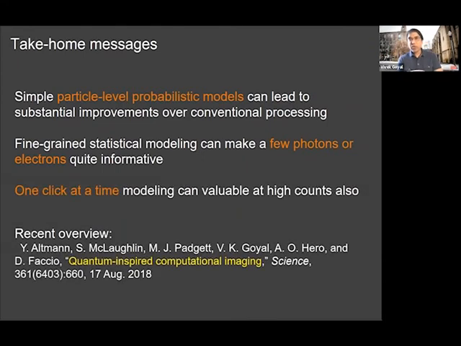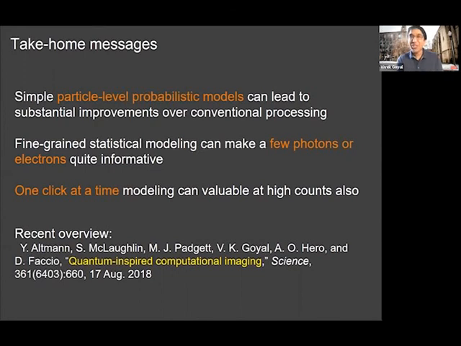There's another part of the story too, that one click at a time modeling is also valuable even when the signals are not necessarily weak. And I think that might be the more surprising part here. So when we include dead time in our modeling, we're getting an advantage from particle level modeling even when the signal is not weak.